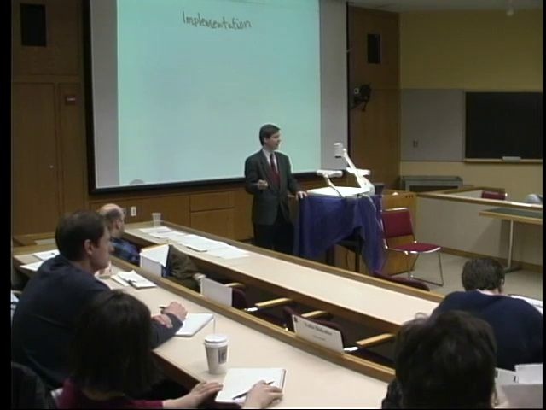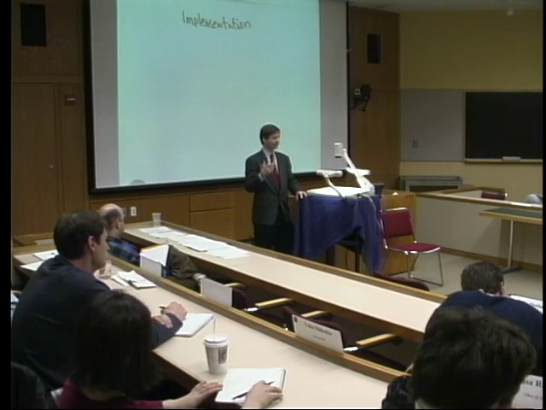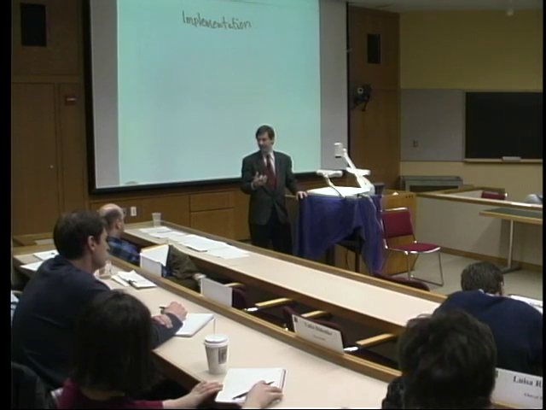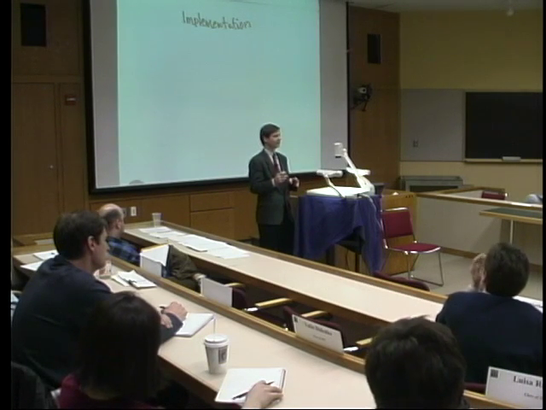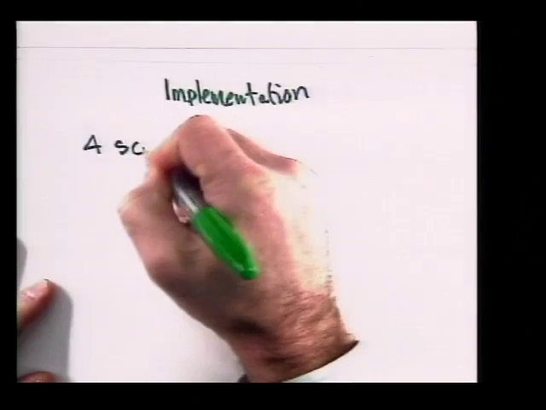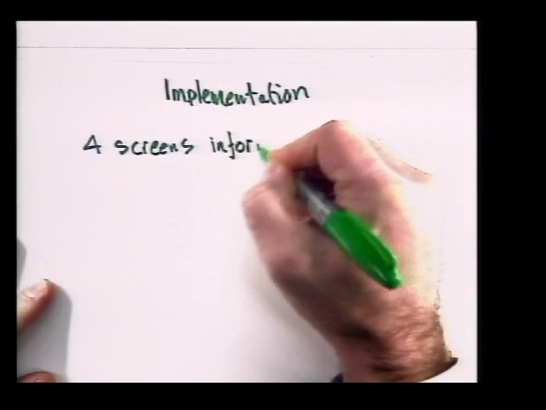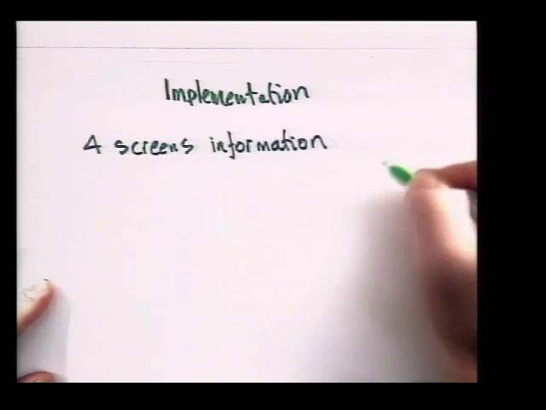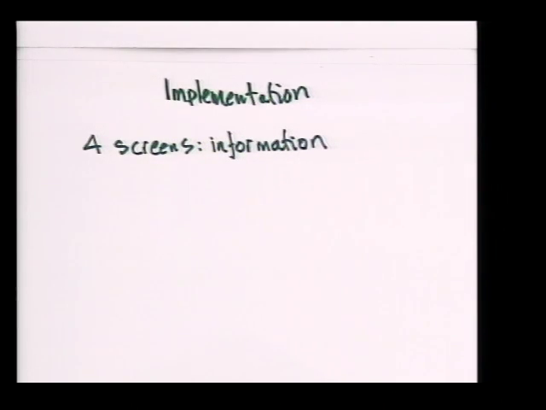And suppose, and I'm just going to make this up, that we find we've got 4 things that look important. So there are 4 screens that contain information that we're satisfied with. Let me be a little more specific here.